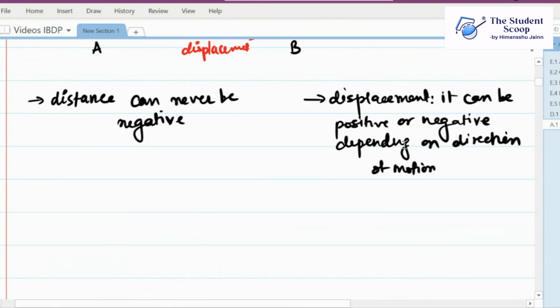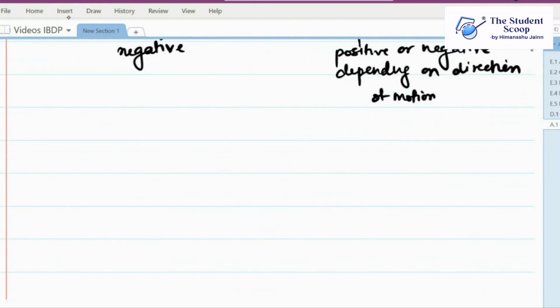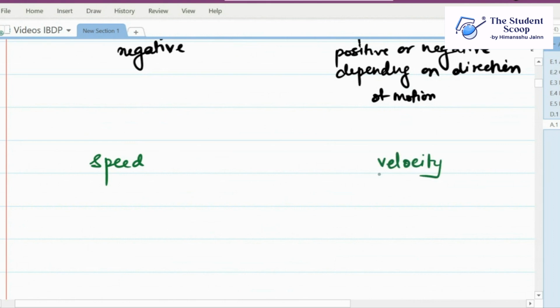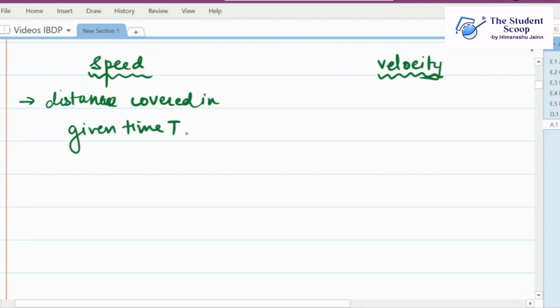Once we understand the basic difference between distance and displacement, we're going to talk about the difference between another two quantities, which are speed and velocity. Again, both of these quantities are highly correlated. Speed is defined as the distance covered in a given time t, while velocity is the rate of change of displacement.